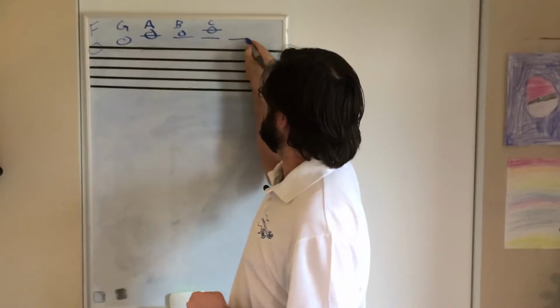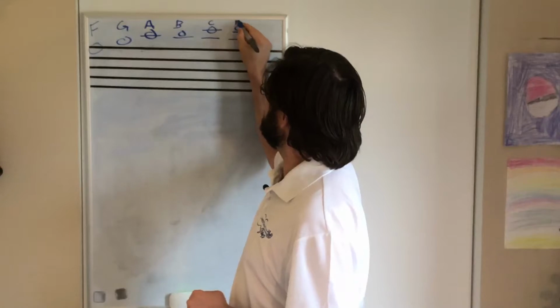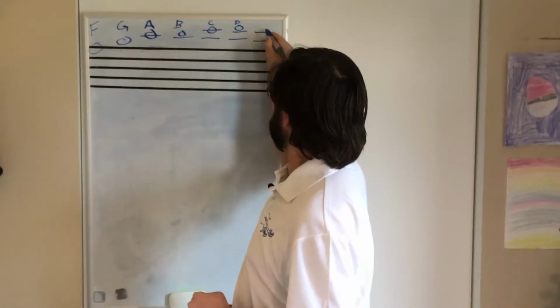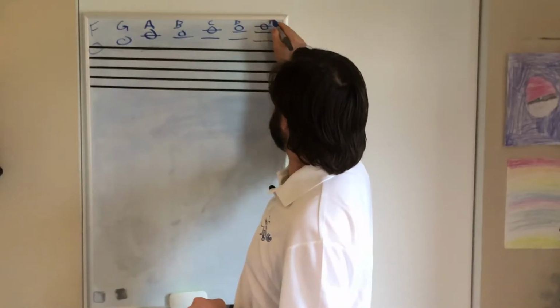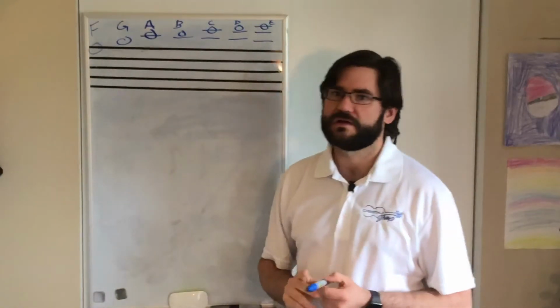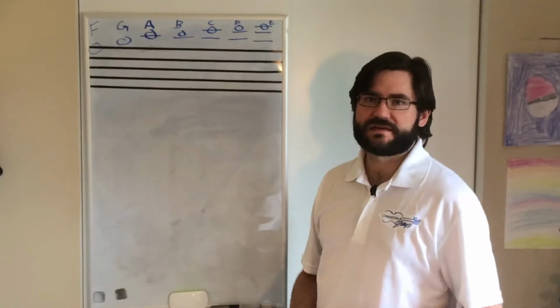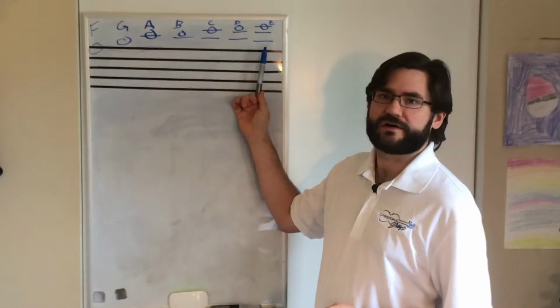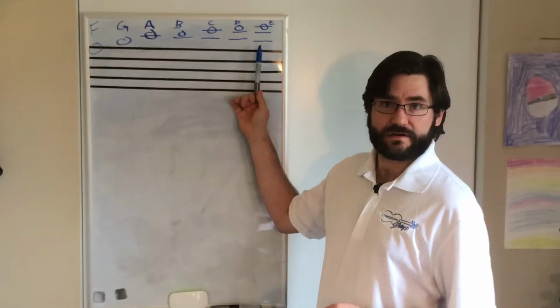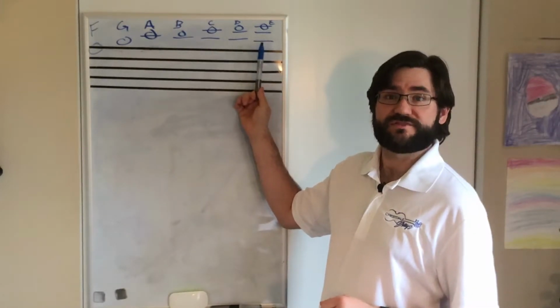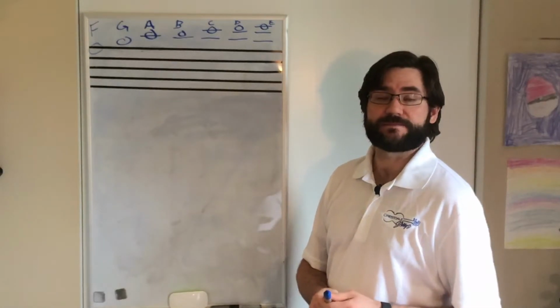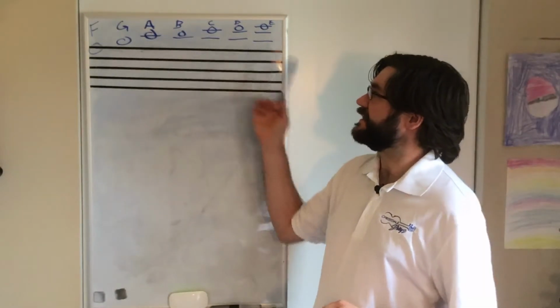C, above two lines. D, three lines. E. Violins, this is the harmonic on your E string. Guitar, this is the 12th fret on your E string. This is how we expand above.